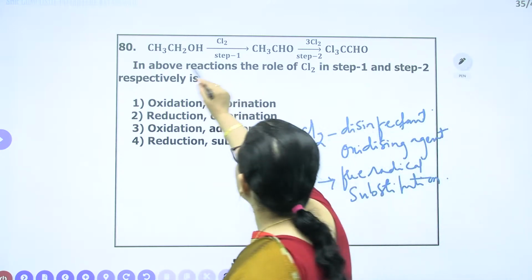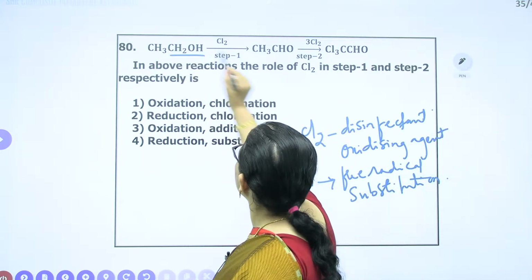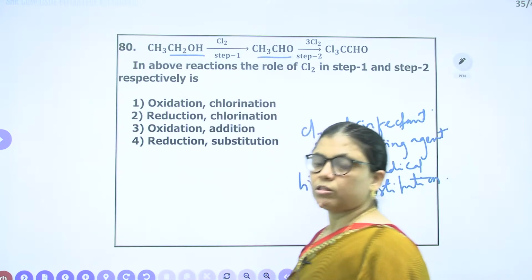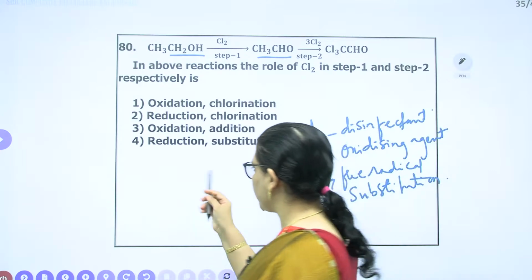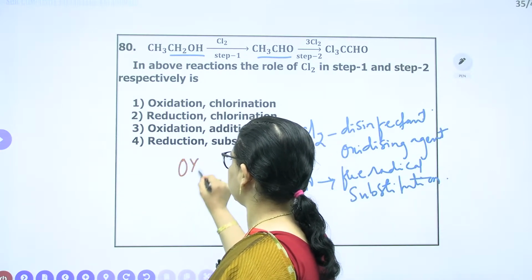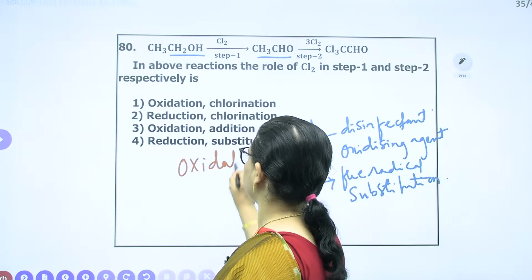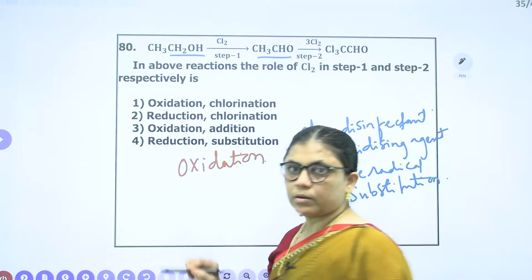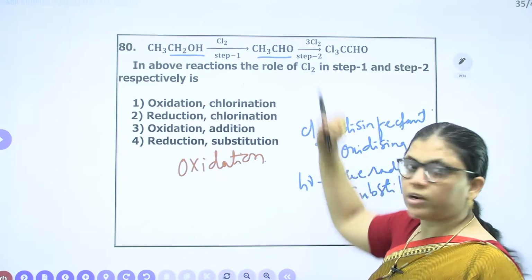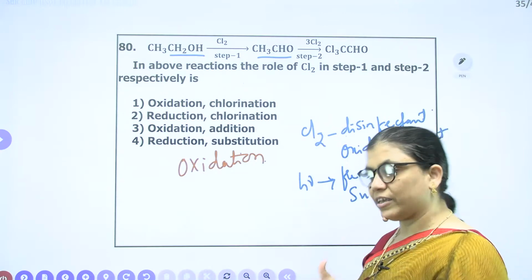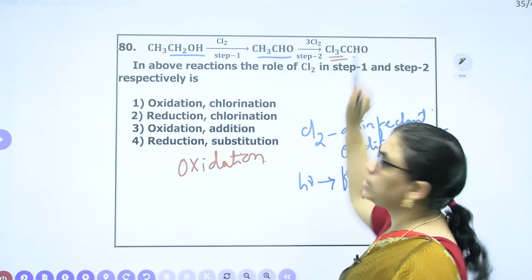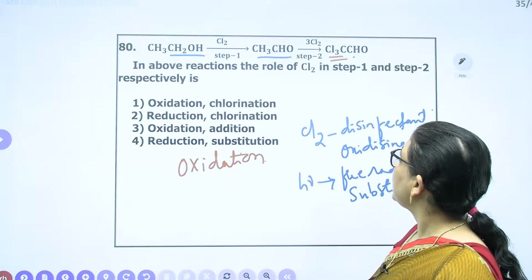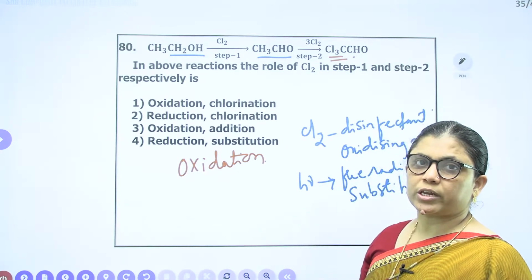Therefore, ethyl alcohol is converted into aldehyde. That means this is an oxidation. Step 1 is oxidation: ethyl alcohol is converted into acetaldehyde. In the second step, 3 hydrogen atoms are replaced by 3 chlorine atoms. It is a chlorination reaction.